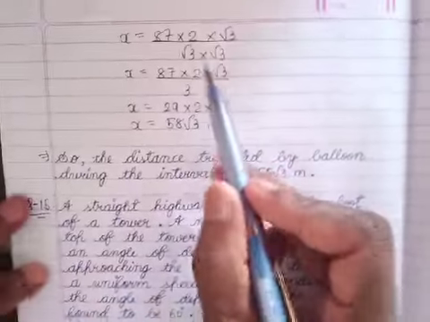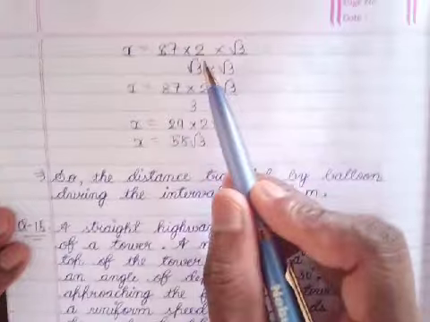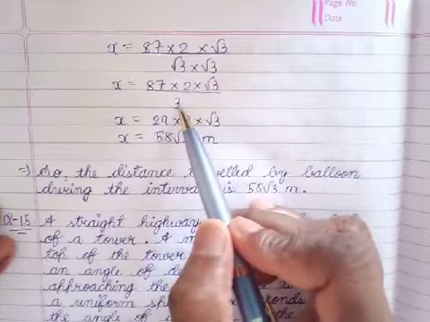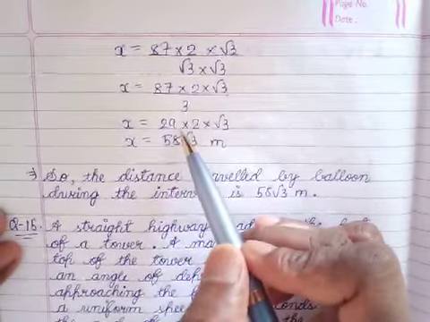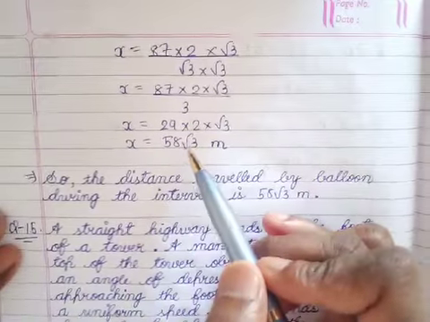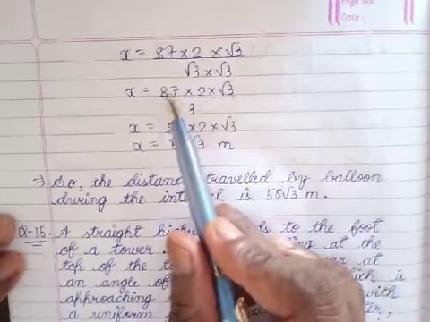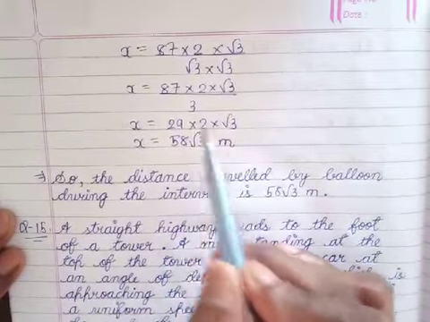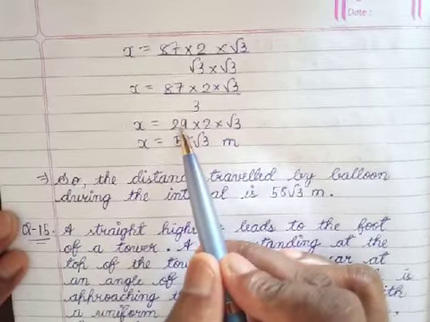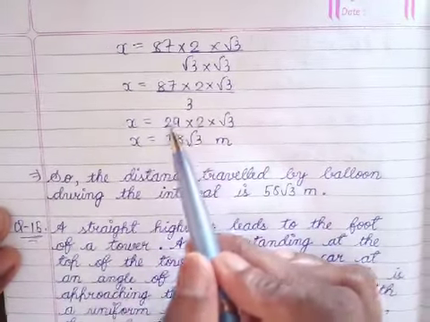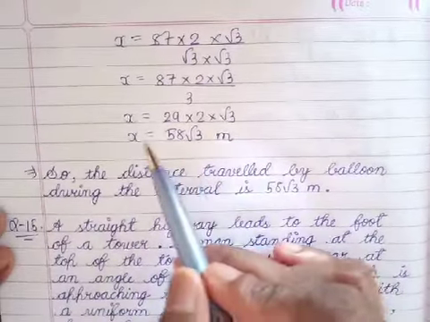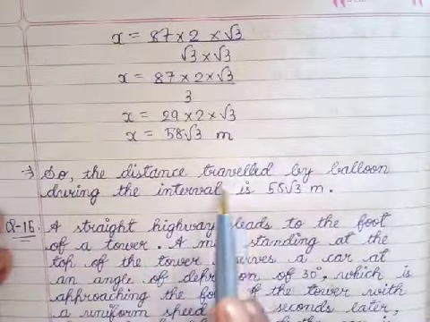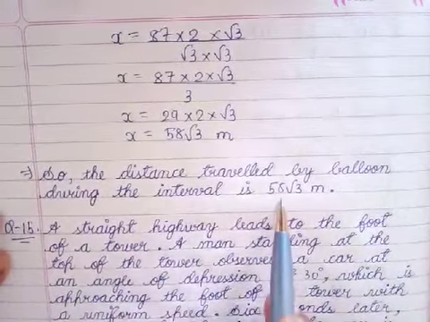So 87 into 2 root 3 upon 3. If you divide by 3, you get 29 into 2 root 3, that is 58 root 3. So x is equal to 58 root 3 meter. So the distance traveled by the balloon during the time interval is 58 root 3 meter.